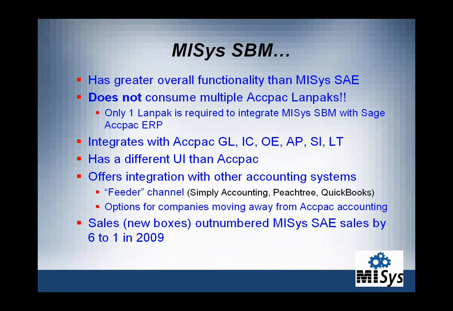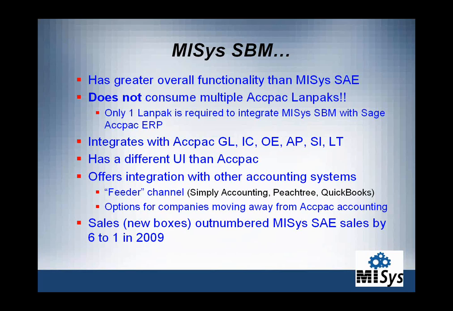As I've mentioned before, and as you're well aware, SPM integrates with several accounting systems. All except one are Sage products: ACPAC, Simply Accounting, Sage Peachtree, and then of course QuickBooks. And a lot of companies out there are saying, certainly in the last 15 months, well, gee, we don't quite have a budget for a mid-market package altogether, but we need manufacturing.